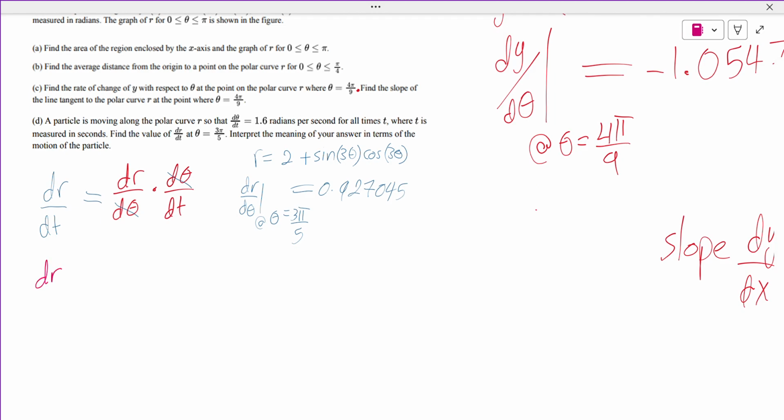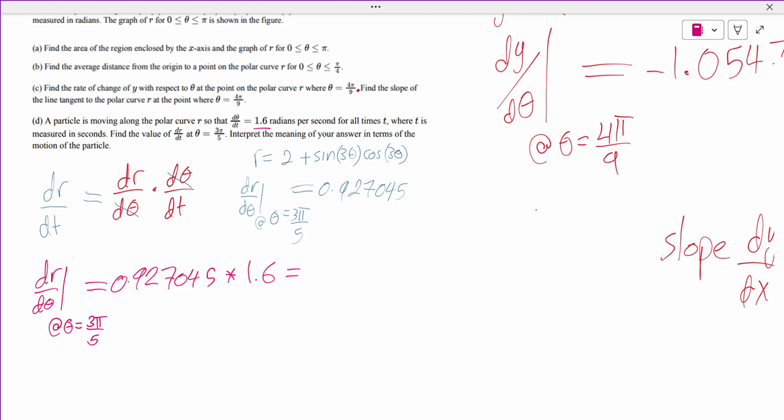So dr over dt when theta equals 3 pi over 5 is equal to dr over d theta, which we just found, 0.92745, times d theta over dt, which is given as 1.6.